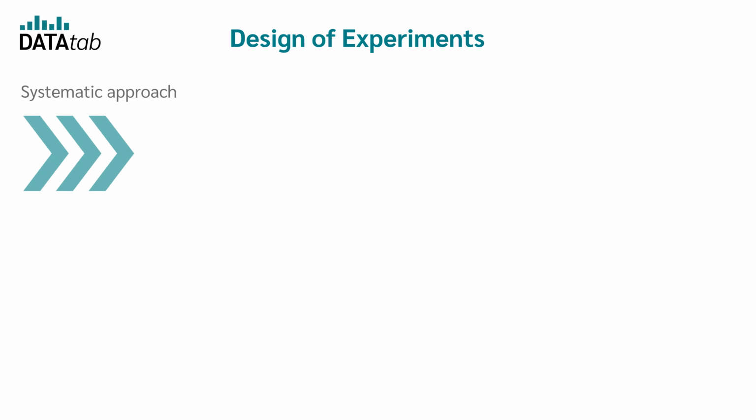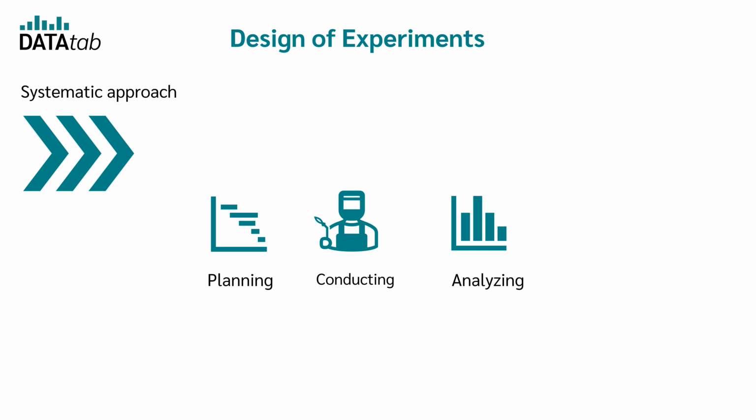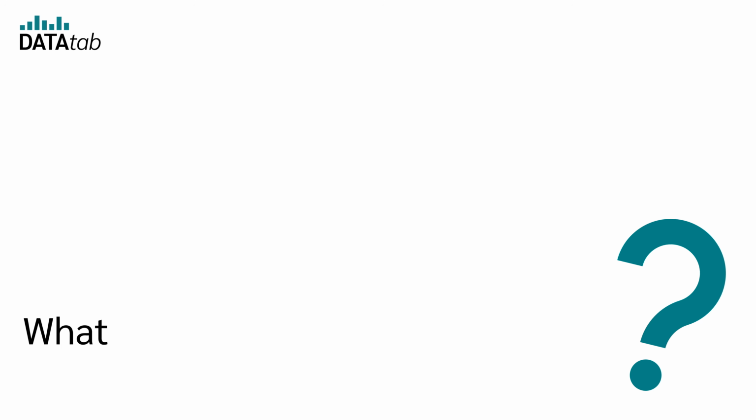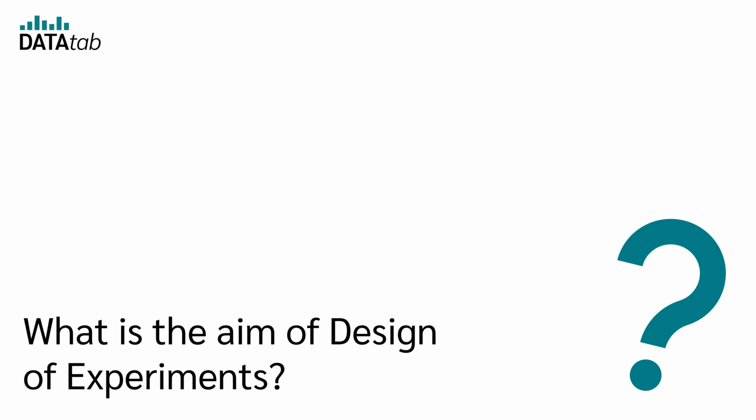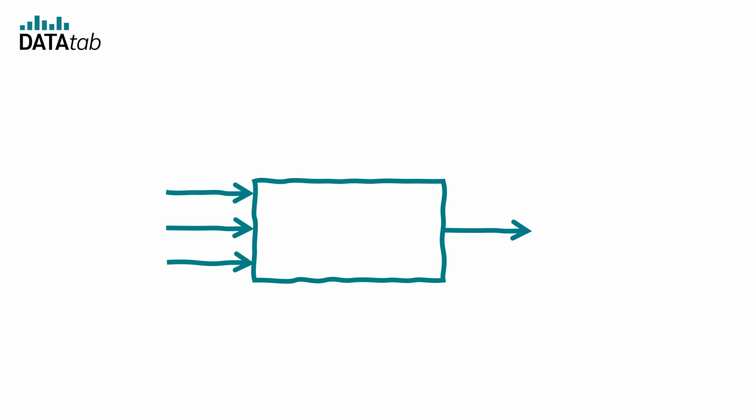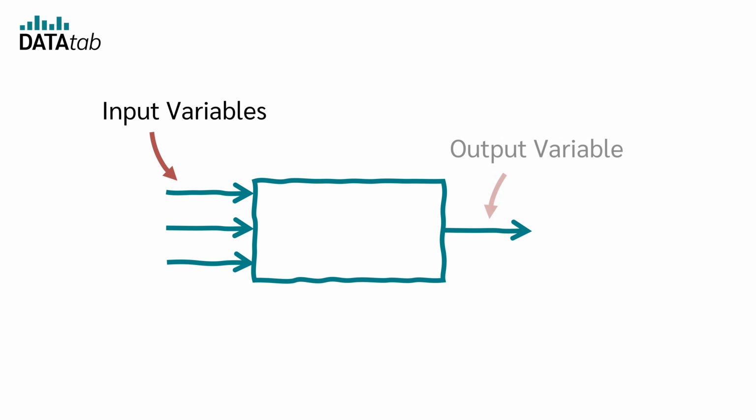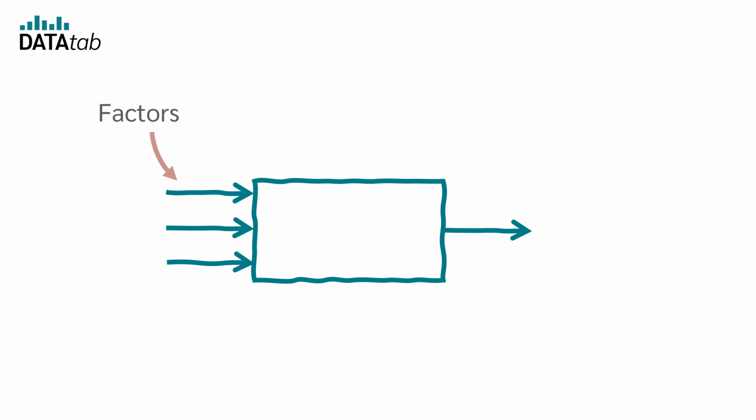Design of experiments is a systematic approach to planning, conducting, and analyzing experiments. But what is the aim of design of experiments? The aim is to analyze the relationship between several input variables and an output variable. The input variables of the system are called factors, and the output variable is called response variable.